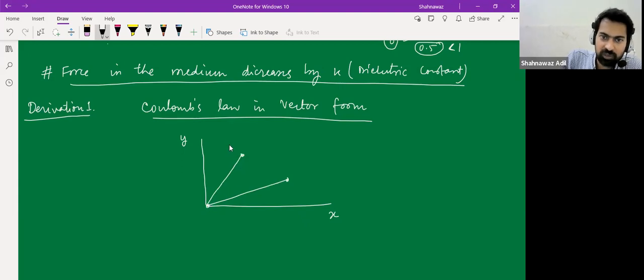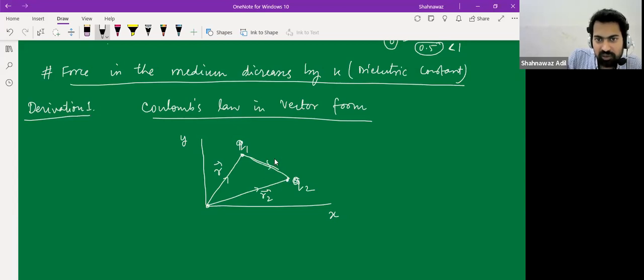This is some r1 and this is some r2. Let's say this is point P and this is point Q, and the position vectors are r1 and r2. This charge is q1, this charge is q2, and the separation vector would be this.